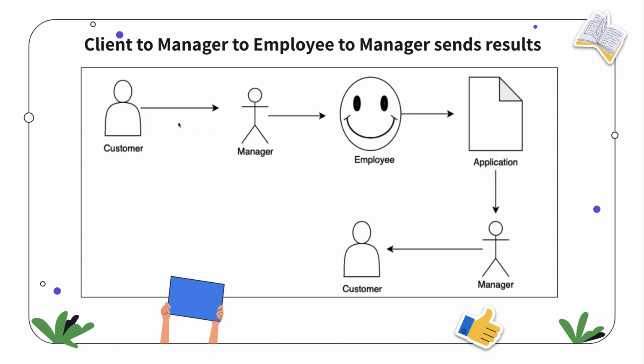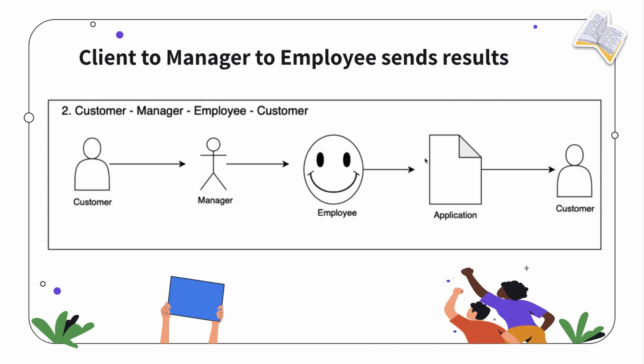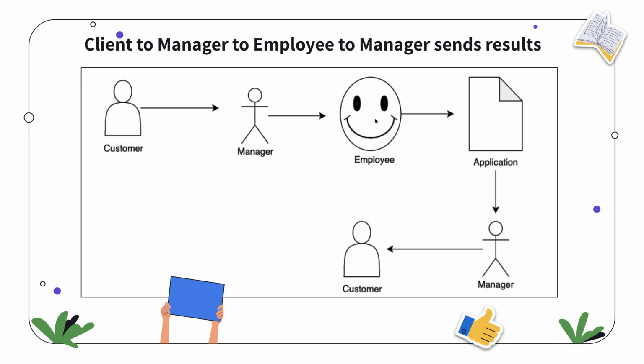In the third scenario, the manager gets the input from the customer, the manager calls the employee, the employee writes the logic, and this time the employee does not show the result to the customer directly. In the previous stage the employee showed the result to the customer, but now the employee has to return the output back to the same manager.